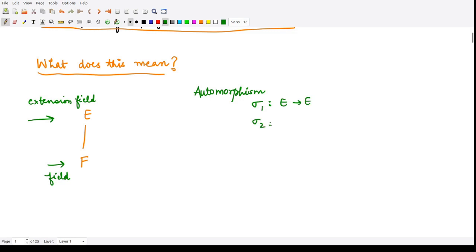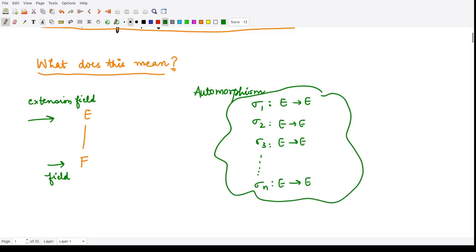Then we have another mapping sigma 2 from E to E, then sigma 3 from E to E, and so many mappings, up to sigma n, from E to E. All these mappings are defined from the field E to the field E. Now you collect all these mappings into one particular set.